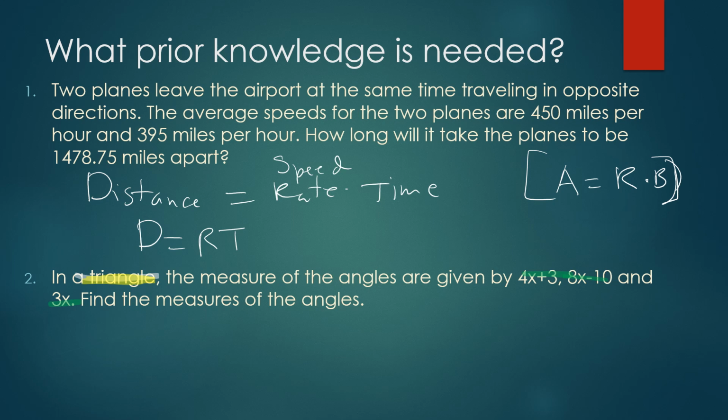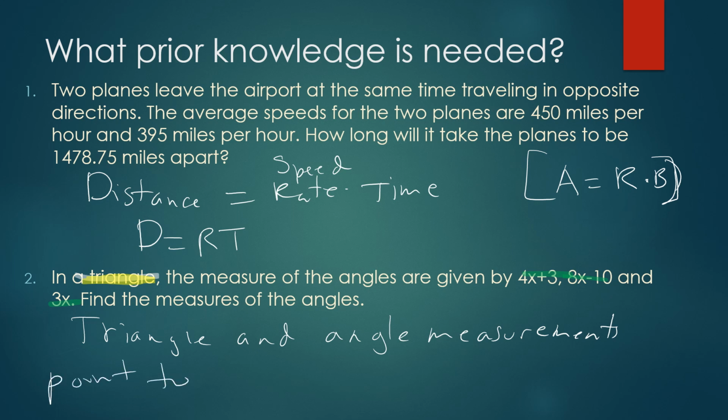Since we're given a triangle and angle measurements, the triangle and angle measurements suggest or point to the triangle sum theorem. Which means we have to use the triangle sum theorem in order to figure out the equation.